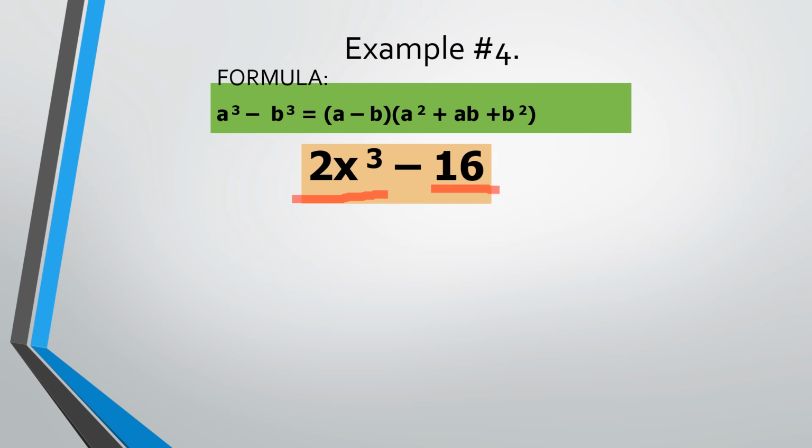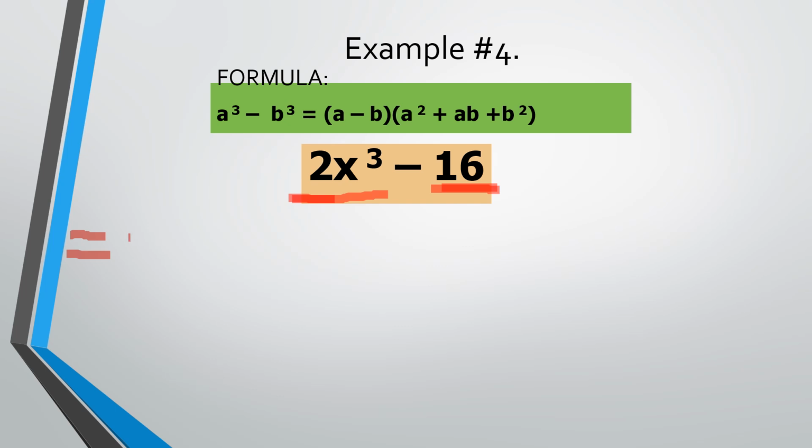There is no number that will be multiplied to itself 3 times to yield a result of 2 or 16. Now, the first thing to do here is to find its GCF. If you have 2x cubed and 16, what is the greatest common factor of 2 and 16?